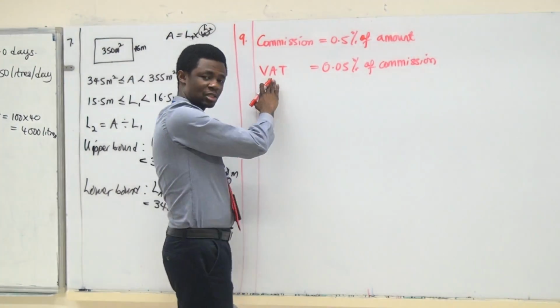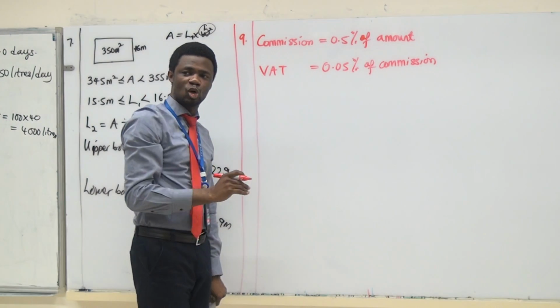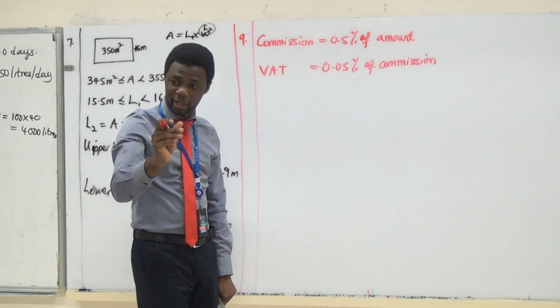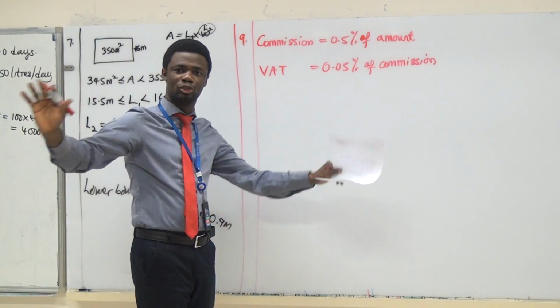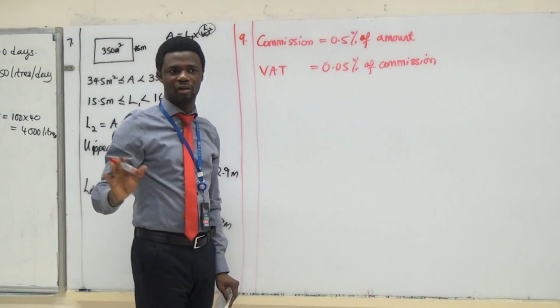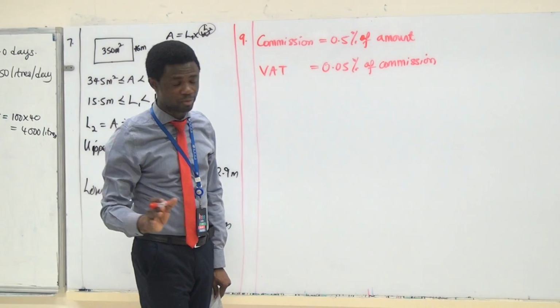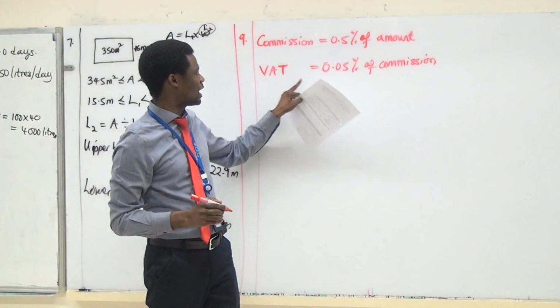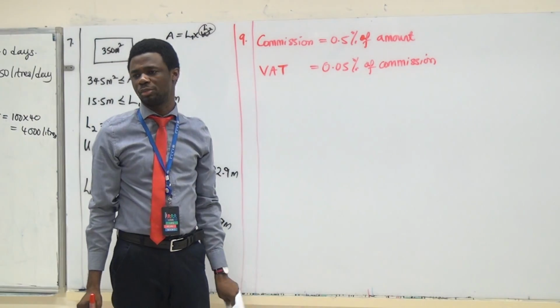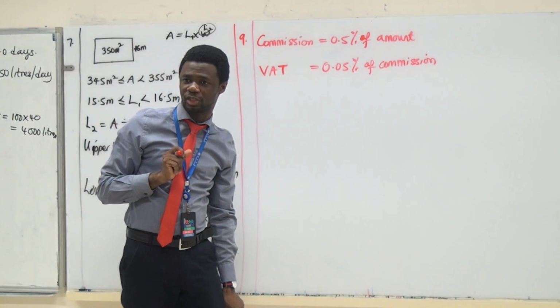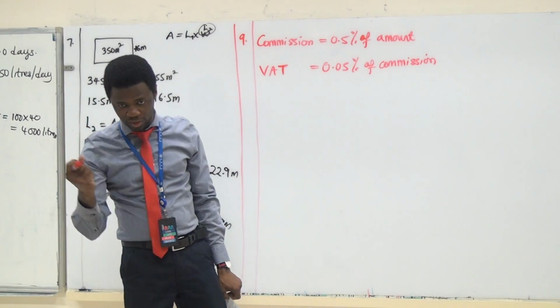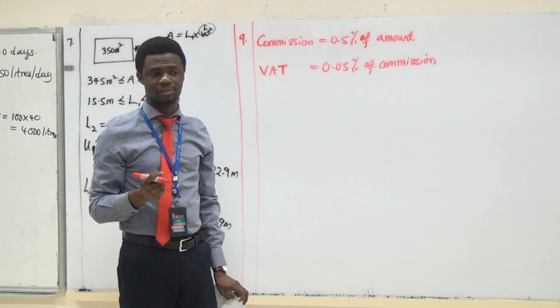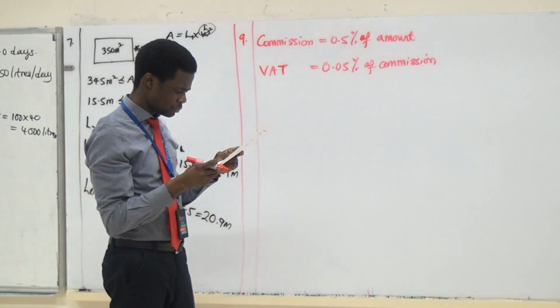Then the VAT goes to the government. You have made some money from this customer, we need part of it to build roads or do whatever we need to do, even though they don't use the money for that. Anyway. So that VAT is 0.05% of the commission. Remember, the commission is the profit for the bank, then the government takes part of it. Does it make sense?